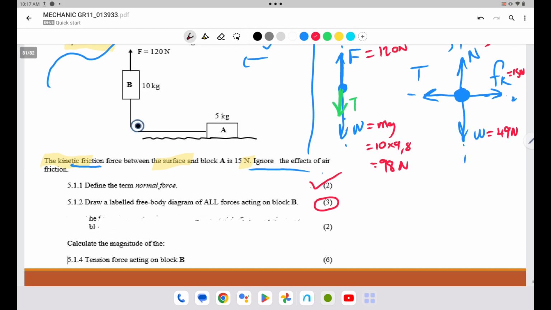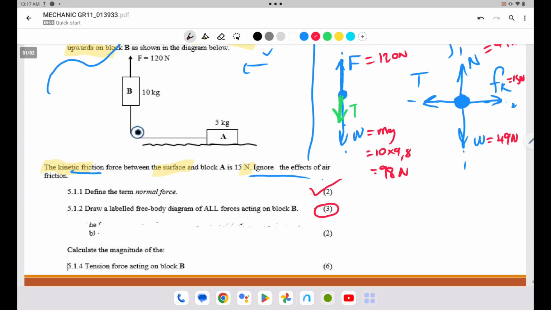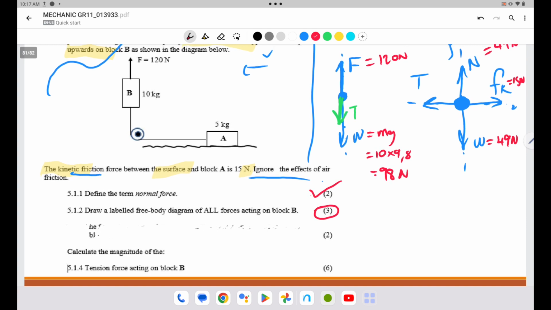And it says calculate the magnitude of the tension force acting on block B. Remember we said that the tension is the same throughout the string.